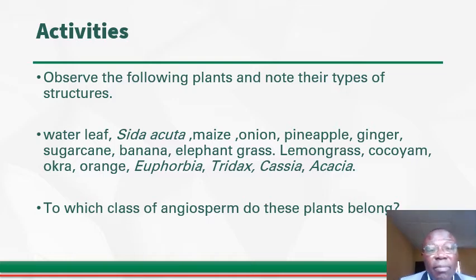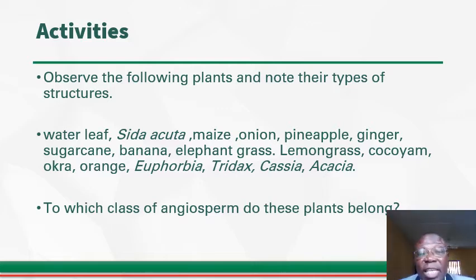Such plants include the water leaf, cedar acuta, maize, onion, pineapple, ginger, sugarcane, banana, elephant grass, lemongrass, cocoyam, okra, orange, euphorbia, tridax, cassia, and acacia. These are some of the common plants around us.